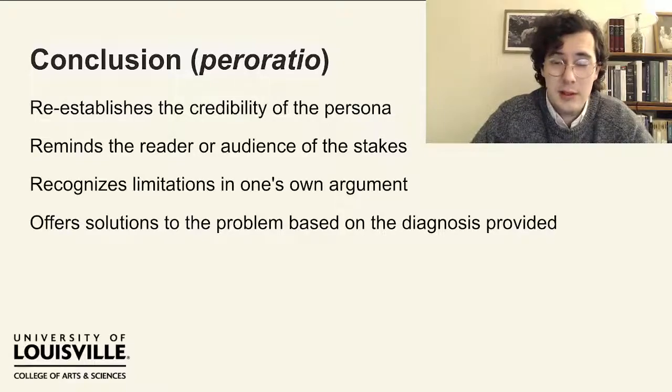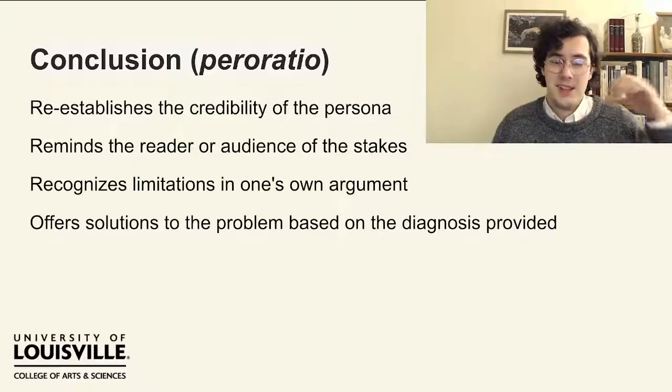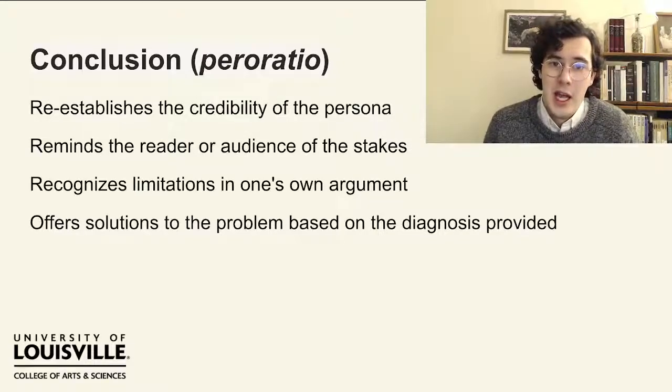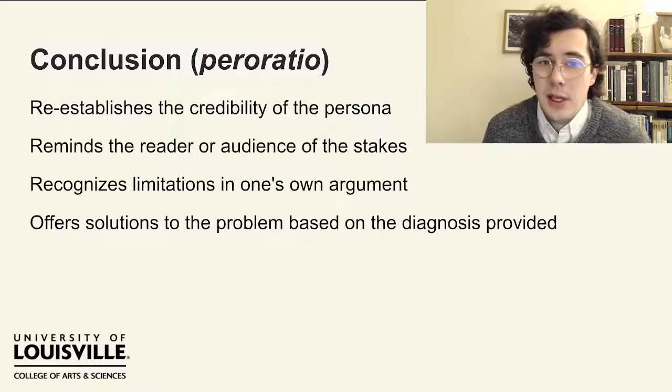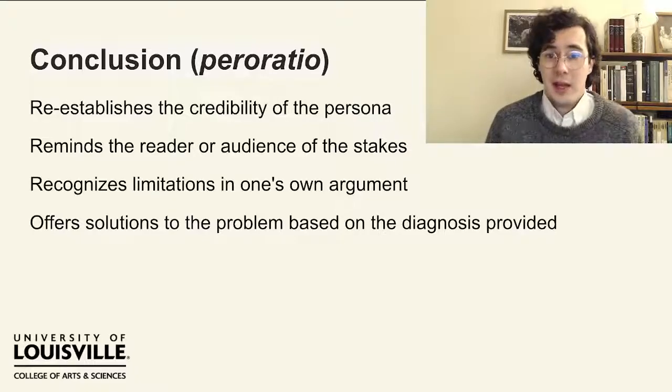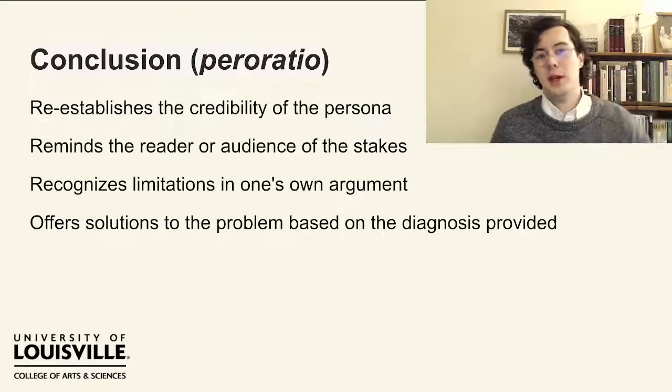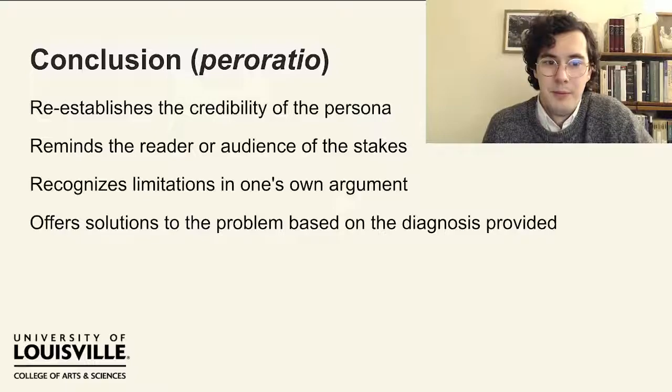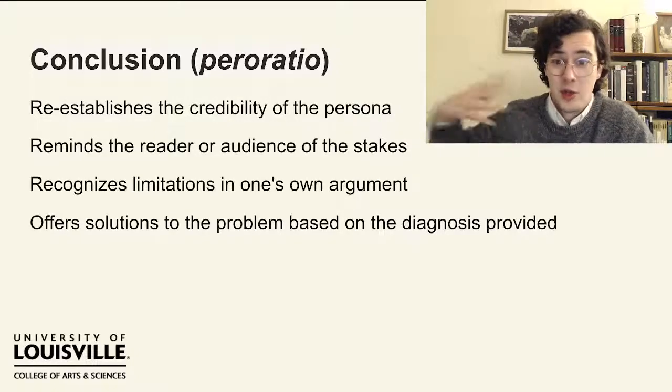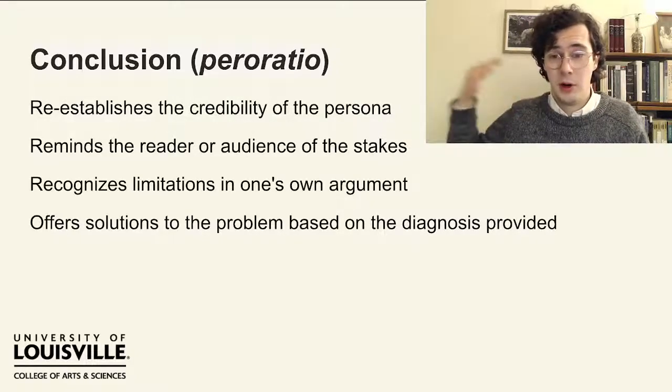This is a good way of continuing your own credibility and showing that there are places and gaps in our own knowledge that we can't always account for, right? Where are places where you wish you had more data? Where are places you wish you had more experience? Showing your own limitations doesn't discredit your own argument. It actually makes it stronger.